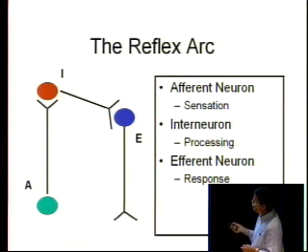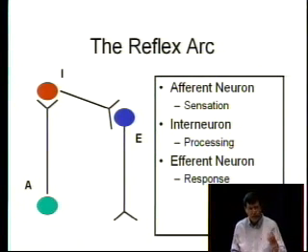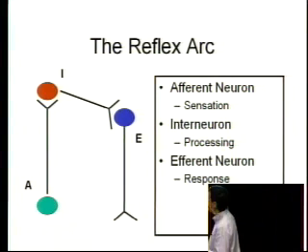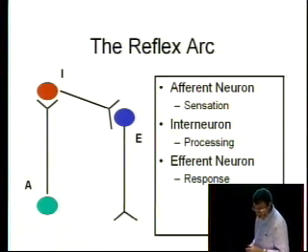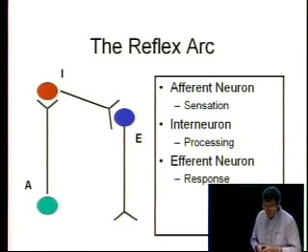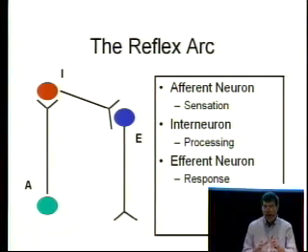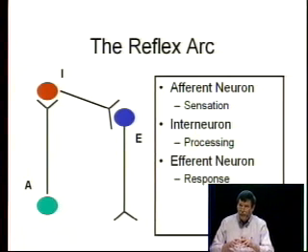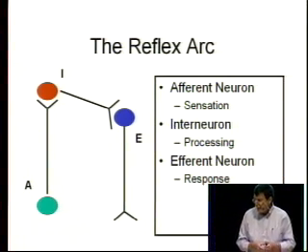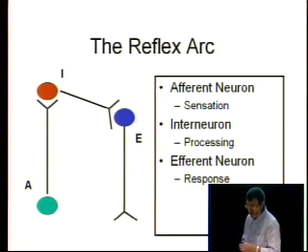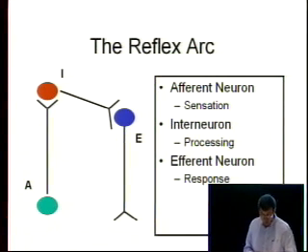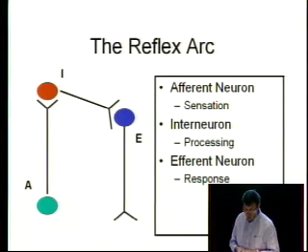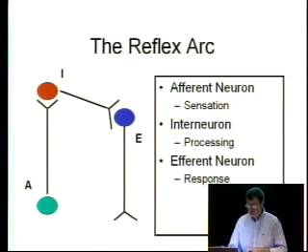Stimulus, processing, response, the basic functioning unit of the nervous system. Since roughly the time of Descartes, this has been known as the reflex arc, and it's a system that basically mediates the organism's motor responses to stimulation.